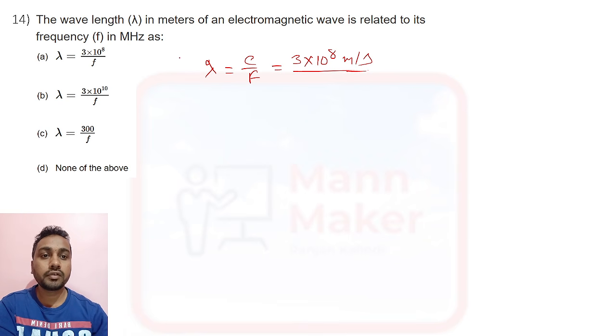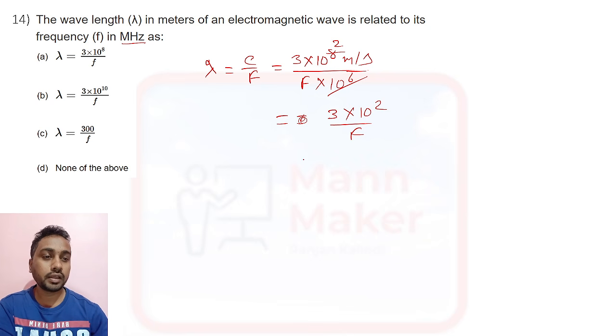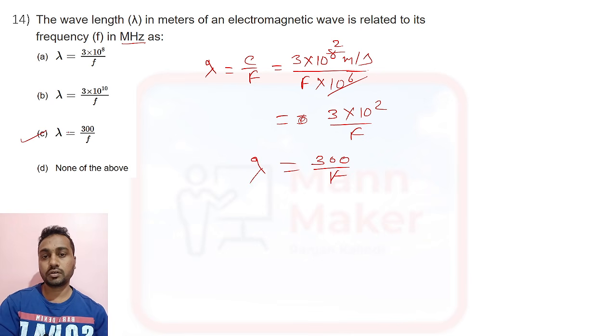But here frequency they have asked in megahertz, so we can write f into megahertz, meaning 10 to the power 6. Now we can make the calculation. This is 3 into 10 to the power 2 divided by f, or we can write 300 divided by f. That is equal to option C, your answer.